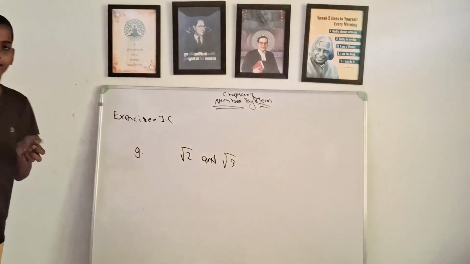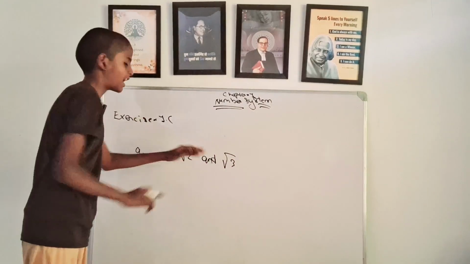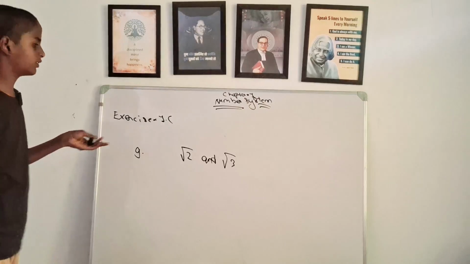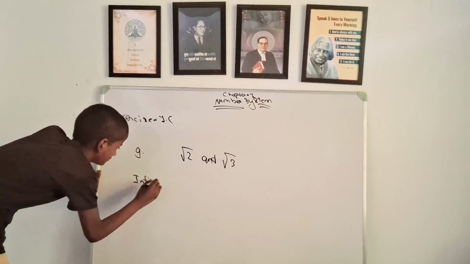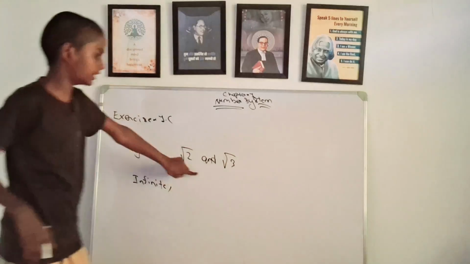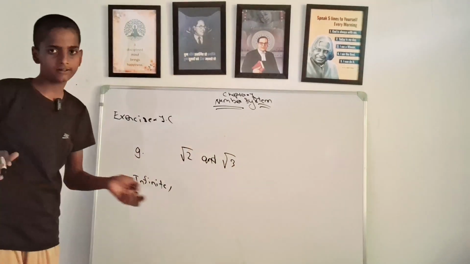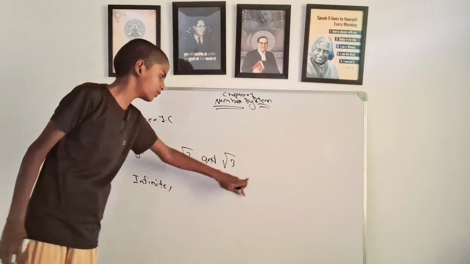Root 2 and root 3 are irrational numbers, and between them how many irrational numbers fit? So the answer is infinite. Infinite numbers fit between root 2 and root 3.